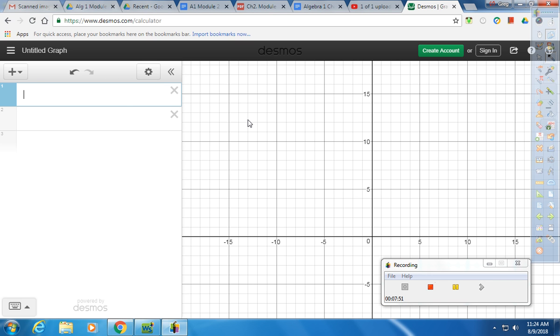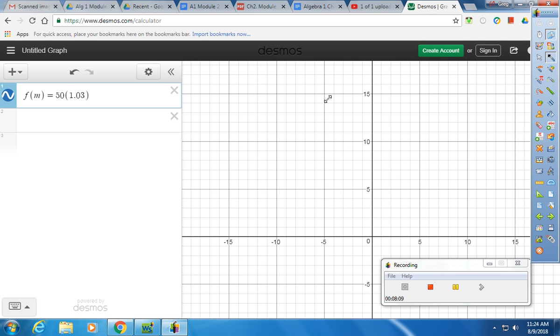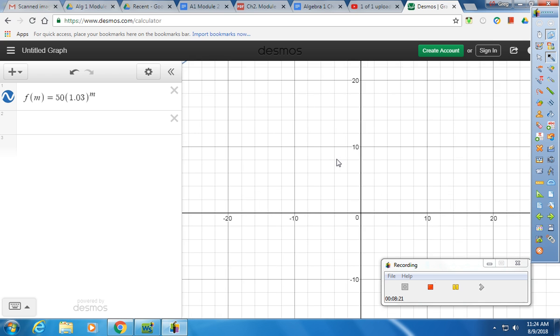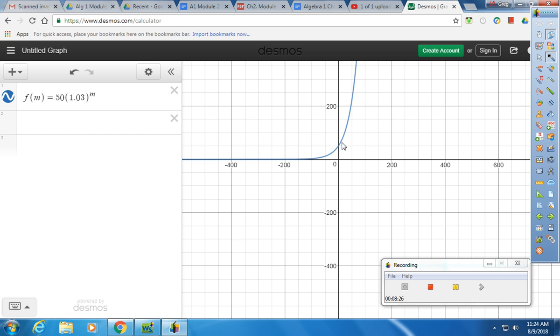So if we wrote f of m equals 50 times 1.03 to the m power, and graph it. Now, you can't see anything. We'll scroll out. All right, now check this out. There's your graph. And this is how money grows.